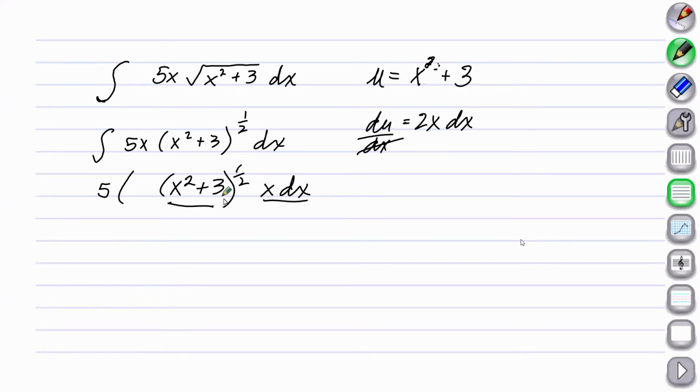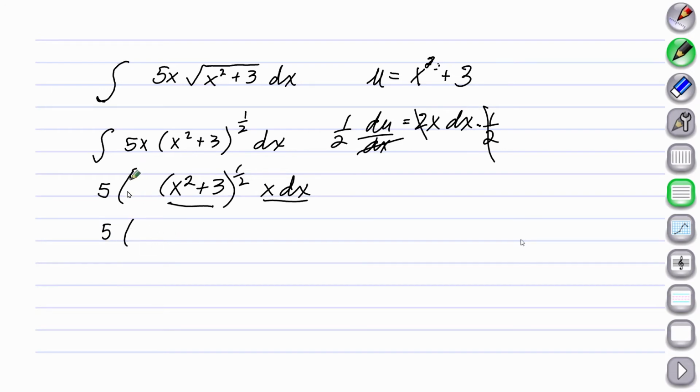Well, it doesn't look quite like we're supposed to have. We do have the u. It's going to be the half power, but this x dx, we have to get rid of the 2, so I'm going to take a half times both sides, and that will cancel out the 2. Now I got my x dx. So now it's in the form.